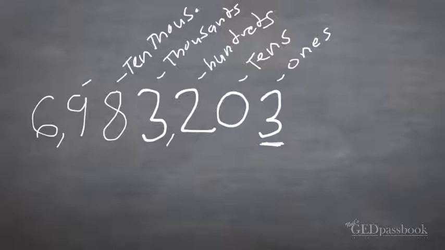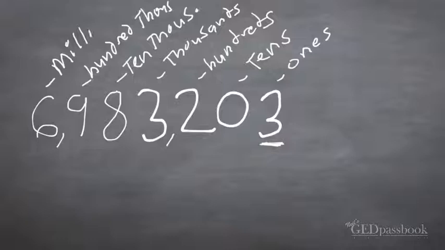What about this one? 100,000s. And then what about this last one here? Millions. These, my friends, are place values, and it's your job to memorize the place value.